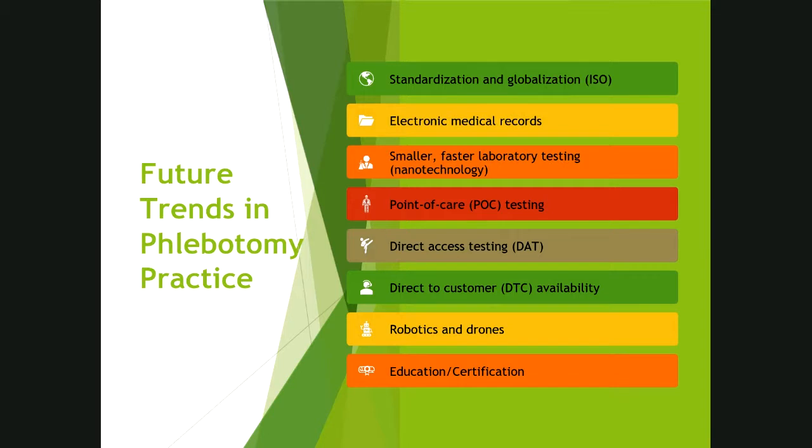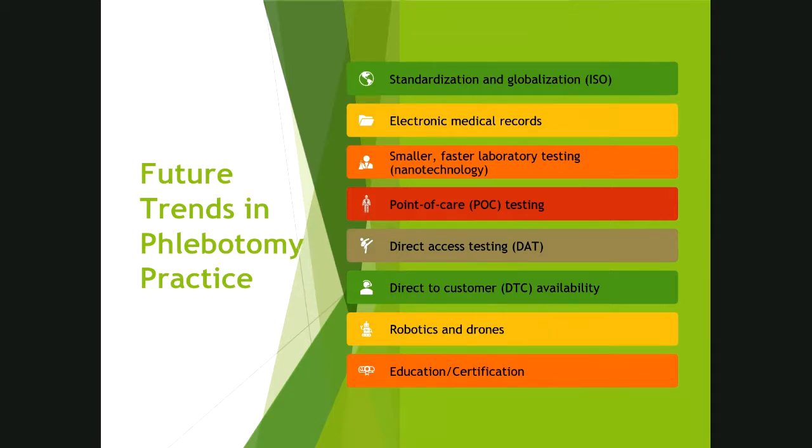Direct access testing, so we're not having to get special administration of a test; we can go to a facility and request a test. Direct to customer availability, so we provide services both in the home and in an outpatient or inpatient setting.